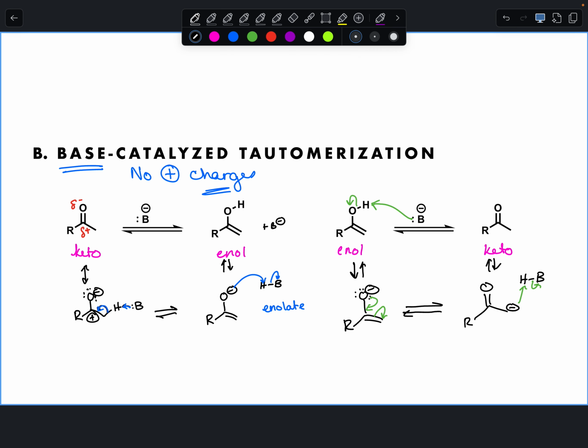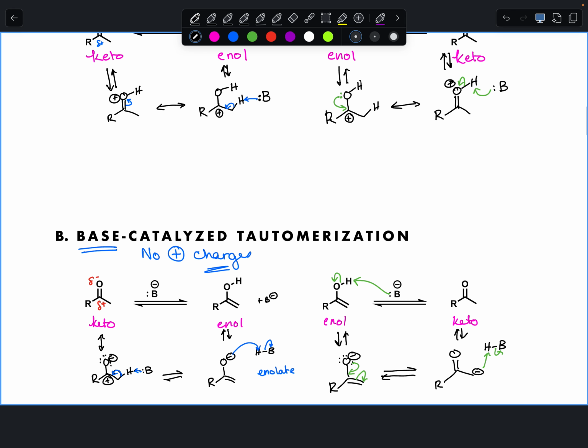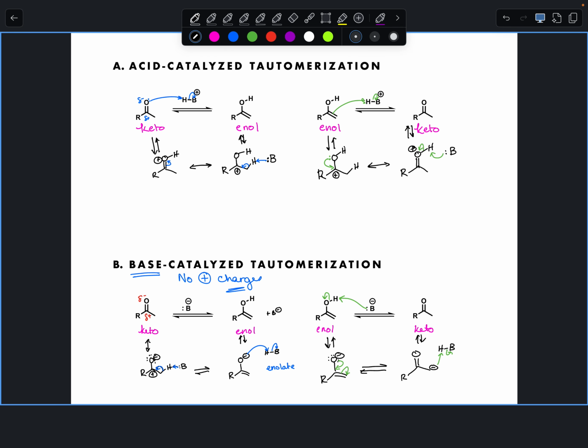If we want to highly favor the enolate, the right-hand side, how can I do that, given that the strength of this acid is set by whatever our molecule is? How can I push this reaction to the right? What type of base do I want to use?